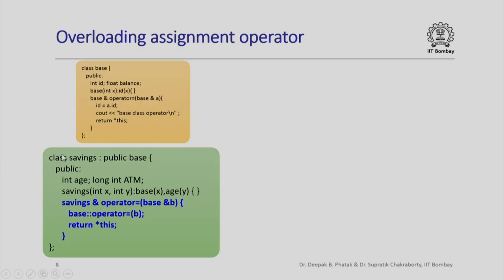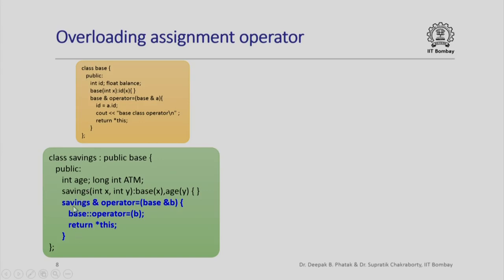The default assignment operator of the derived class will expect an object of the same class on the right hand side, but here I have overloaded the equal to operator and I have defined what to do when I have an object of the base class on the right hand side of the assignment operator and an object of the derived class on the left hand side.